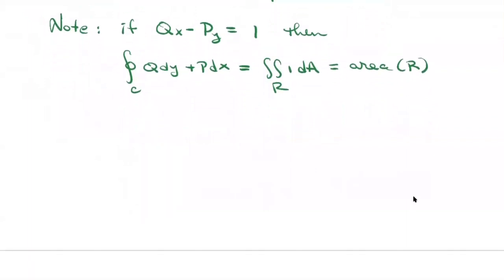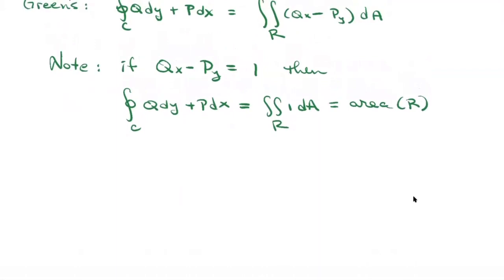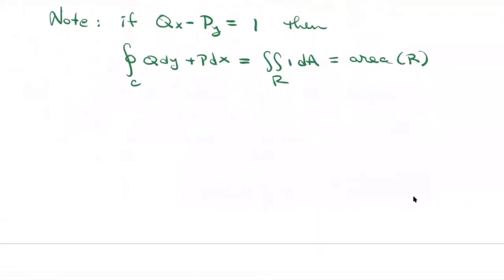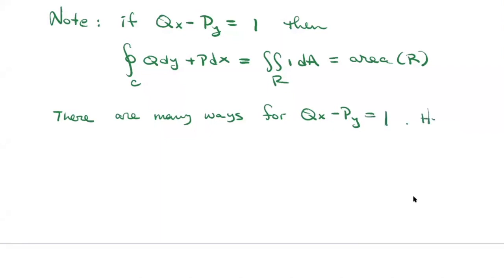Okay, so I can think of lots of ways for qx minus py to be 1. Here's one.